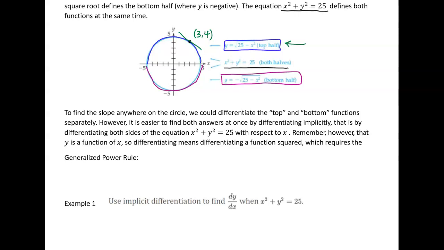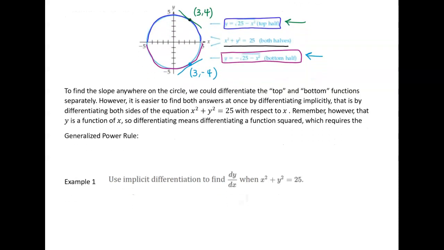Similarly, if I wanted to know the slope of the circle at the point 3, negative 4, which is down there, then we would take the derivative of the bottom half equation, and then we would plug in our x value of 3, and then be able to find dy dx, our slope, using the derivative.